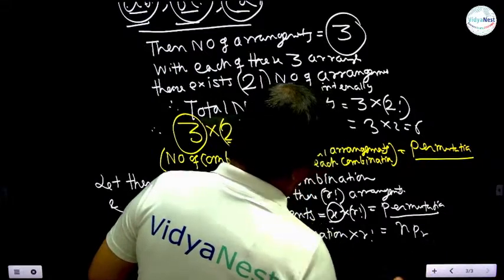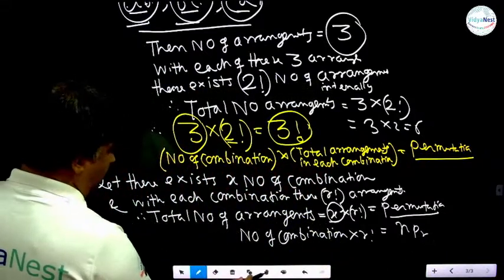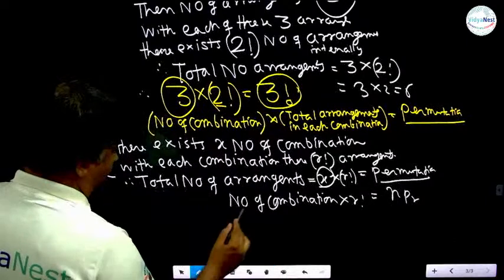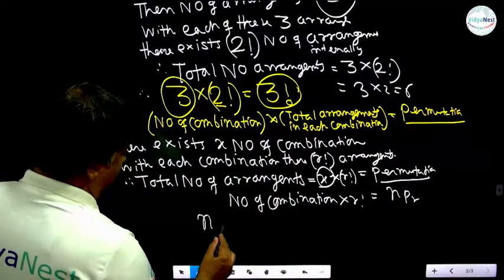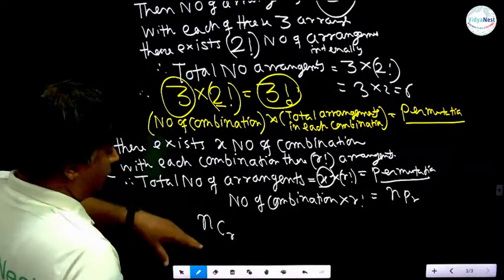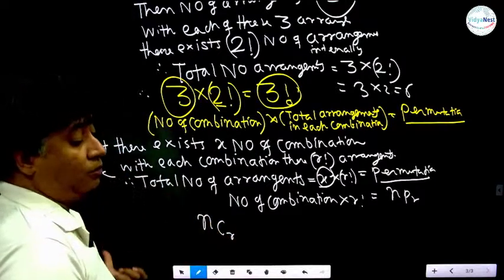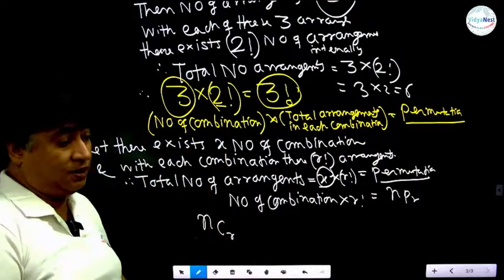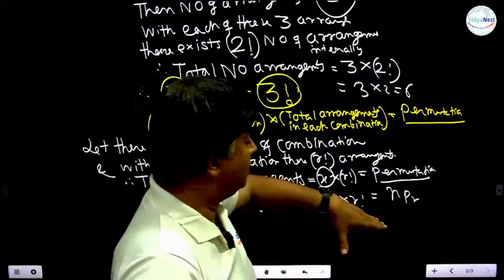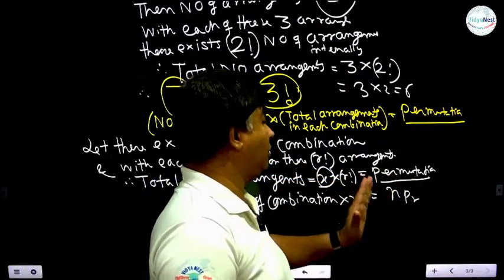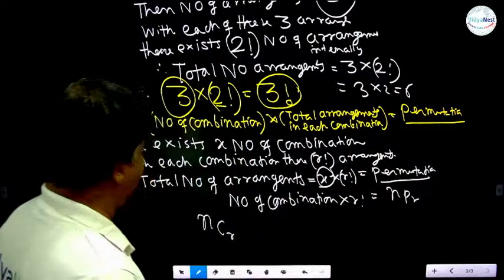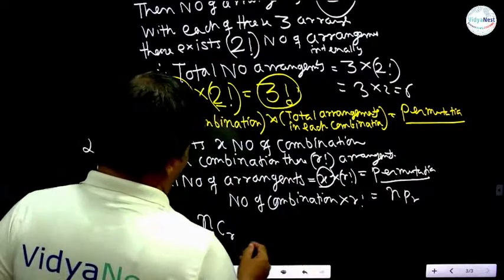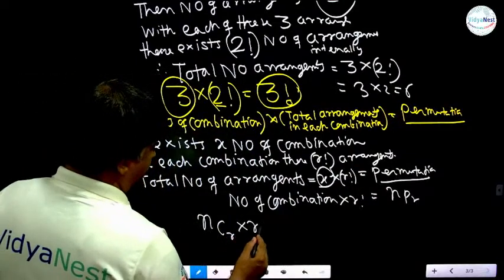NPR. The number of combinations means NCR. NCR is choosing R elements out of N group wise. Permutation means choosing R elements out of N randomly. It is group wise into factorial R.